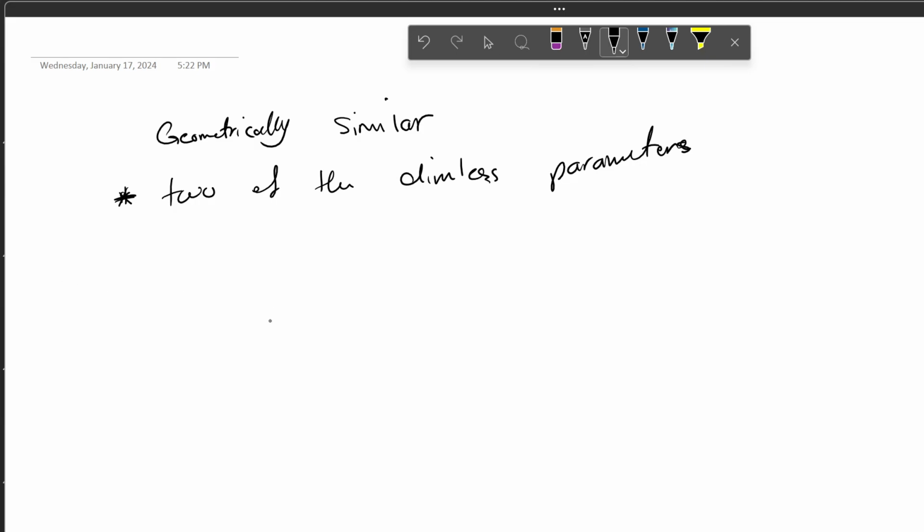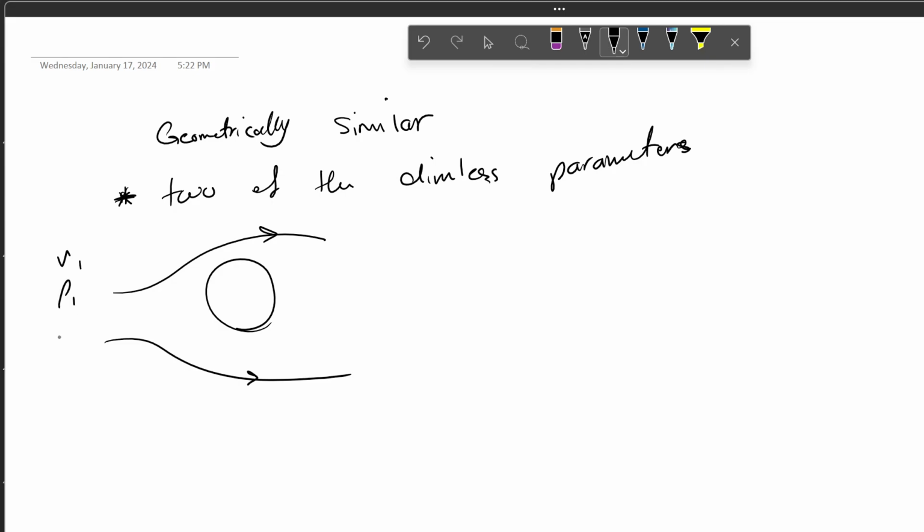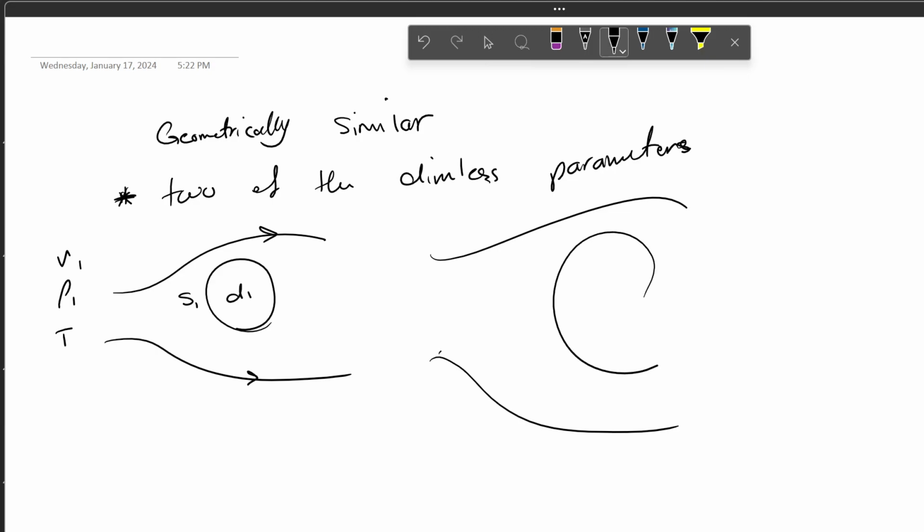What were the flows? We have flow over a sphere, V1, rho 1, T1, and diameter 1 in area S1. And the next flow is, again, flow over a different sphere, V2 is 2 times V1.